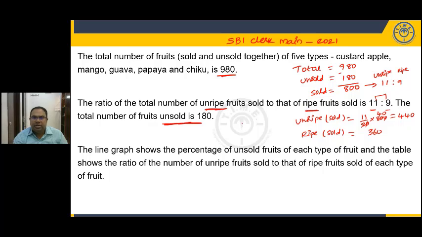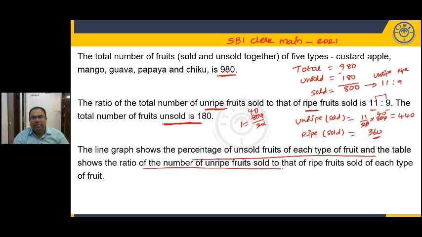Or we can also do it like this. Total 20 parts. One part value is 800 by 20, which is 40. So 11 parts unripe, 11 into 40 is 440, and 9 parts ripe, 9 into 40 is 360. That's the information: total 980 fruits, 180 unsold, 800 sold. Among the 800 sold, unripe sold to ripe sold is 11:9, so unripe sold 440, ripe sold 360. After this, we have a line graph and table. The line graph shows the percentage of unsold fruits of each type of fruit.